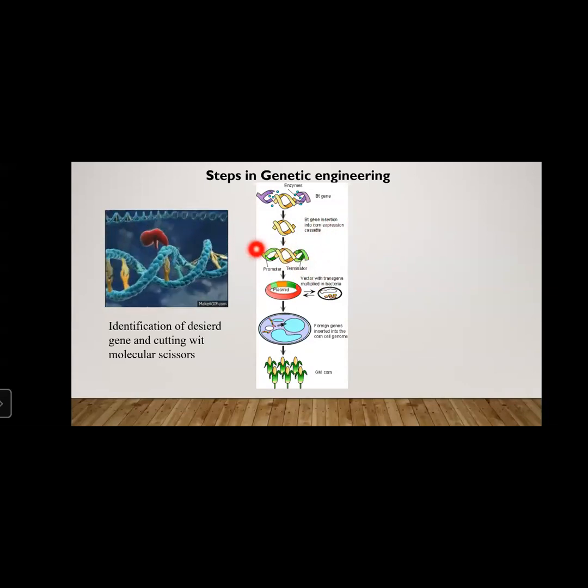Once the desired gene is transferred, it is transferred into the nutrient media. Now, what is nutrient media? It is a kind of solid, liquid, or jelly-like substance which contains all the nutrients that are required for growth and development of the particular cell.